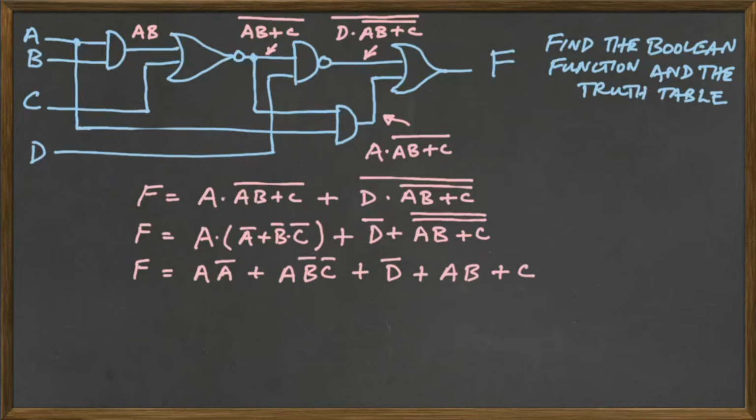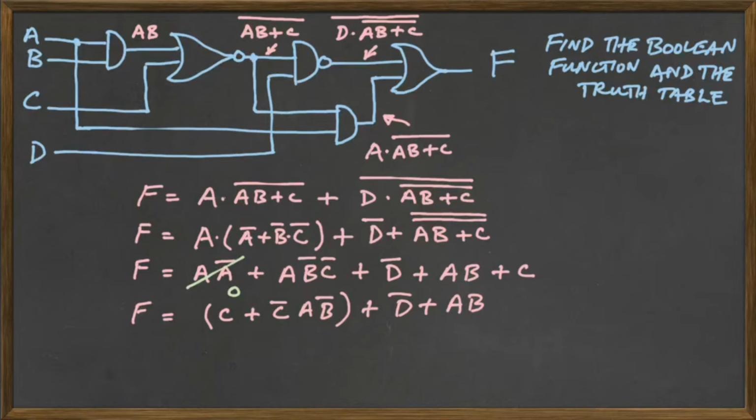The next step is to multiply out the brackets in the first term and to just remove the double brackets over the A, B, or C in the second term. We see that when we multiply out the brackets, we get A dot A bar, which is 0.